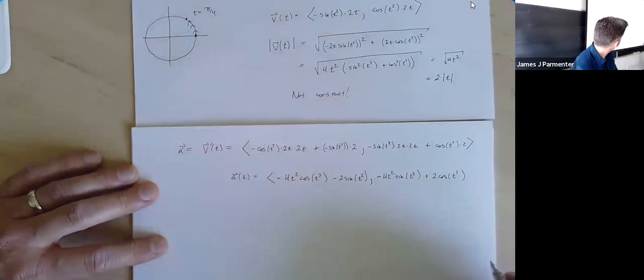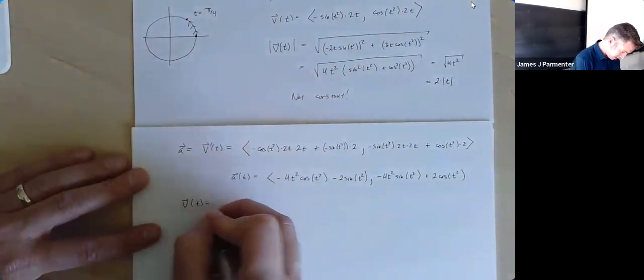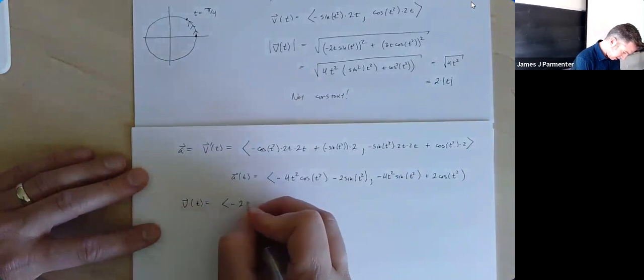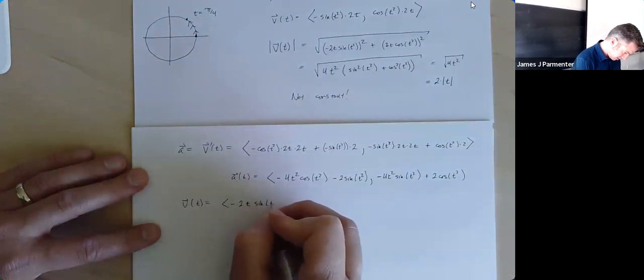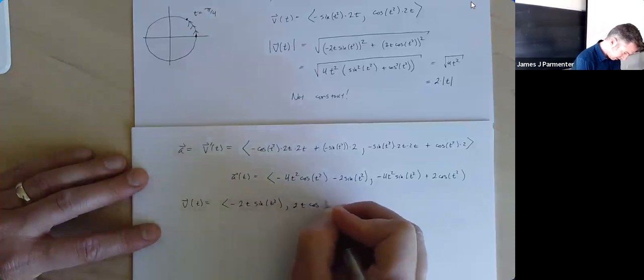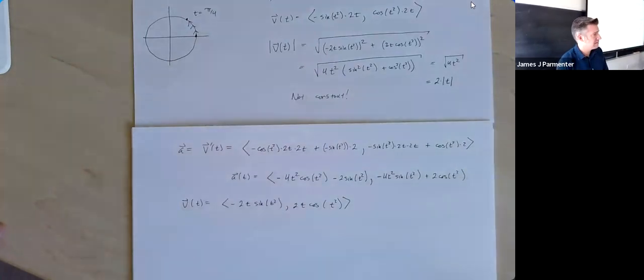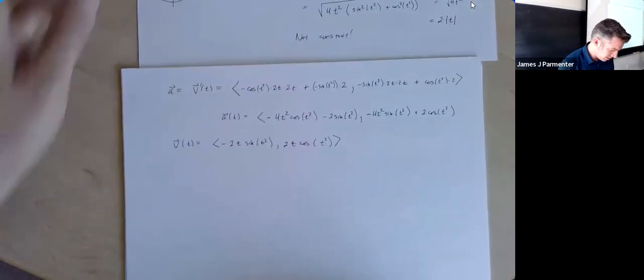And as a reminder, our velocity vector is just negative 2t sine of t squared, comma, 2t cosine of t squared. Now we're going to find the dot product. Looks terrible, but we can do it.